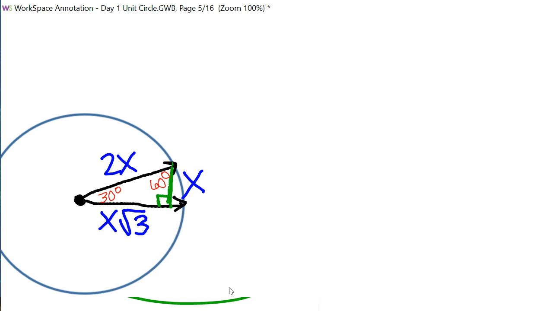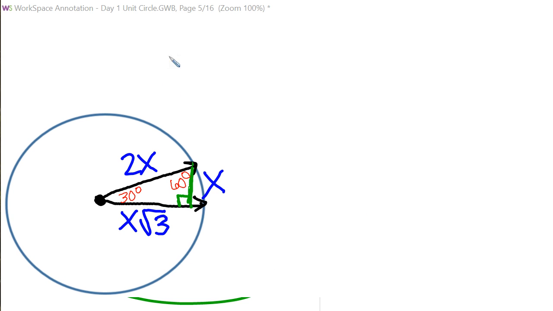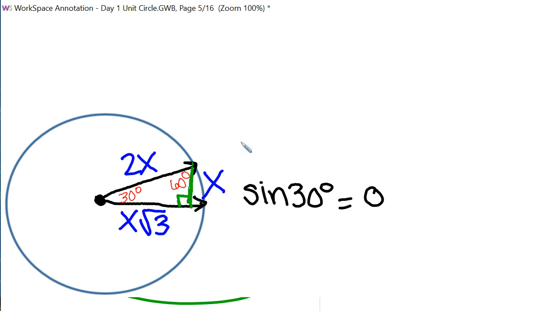So the first one we're going to do is to find the sine of 30 degrees. Now we have to use SOHCAHTOA. So how do you find sine if you have a right triangle? Opposite over hypotenuse.